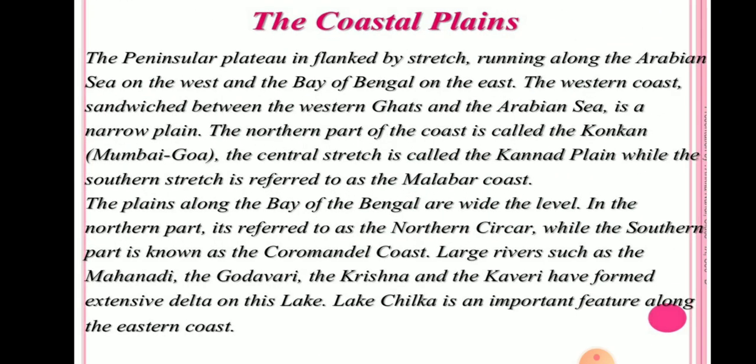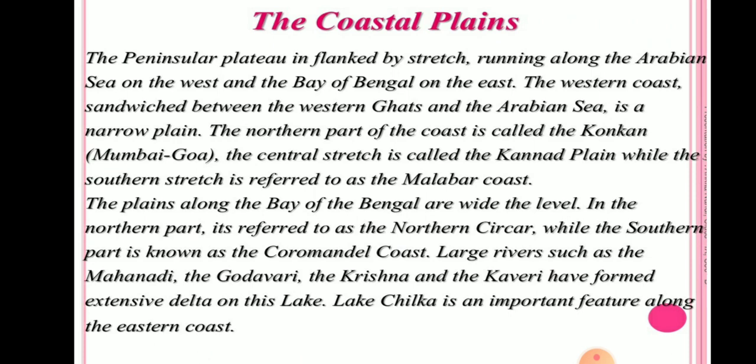Next, we have the coastal plain. The Peninsular Plateau is flanked by coastal plains running along the Arabian Sea on the west and the Bay of Bengal on the east. The western coast is sandwiched between the Western Ghat and the Arabian Sea. This is a narrow plain.